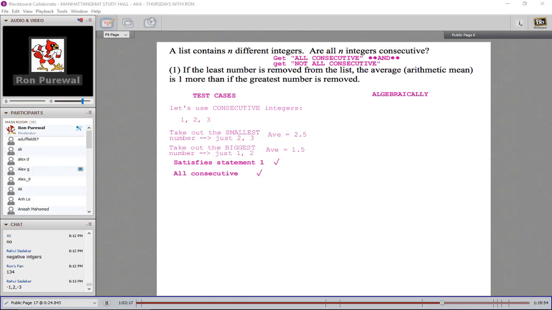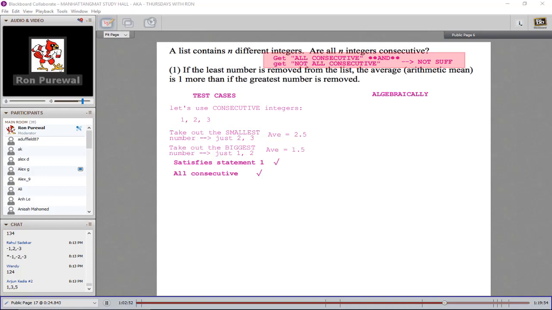We already got a case where they're consecutive. Trying more consecutive sets is not going to help you here. If you tried -3, that's still a set of consecutive integers. Again, there's no point in trying that because we already got this case. Once you have gotten a set that is consecutive, finding more consecutive sets is not going to help you.